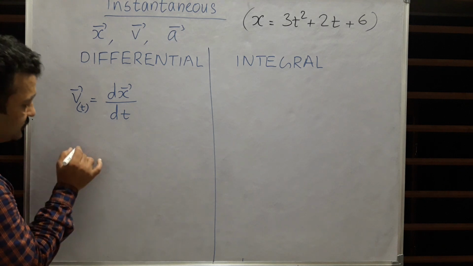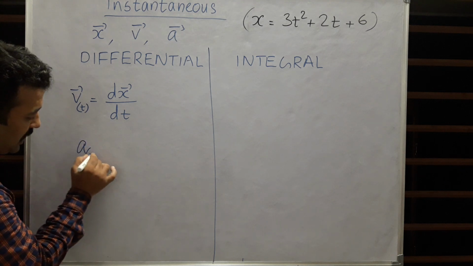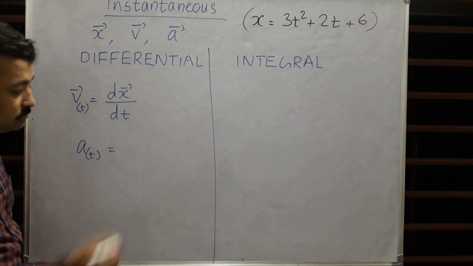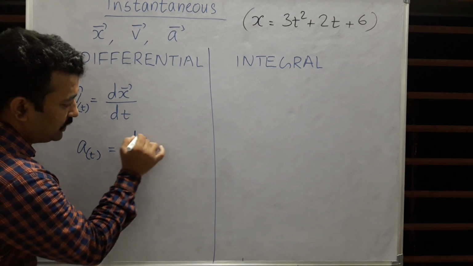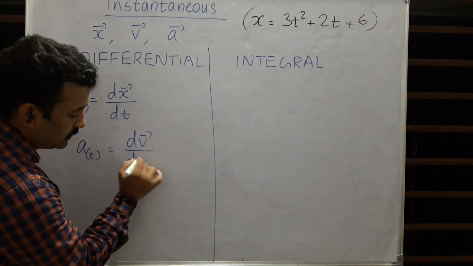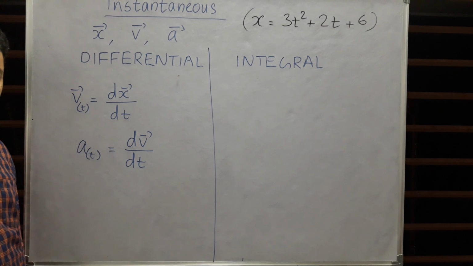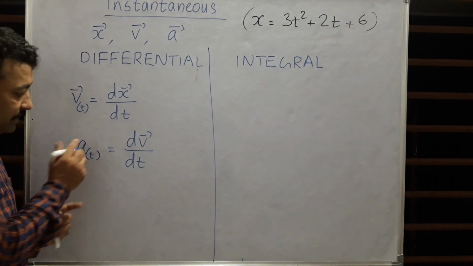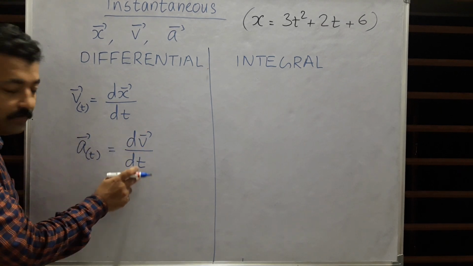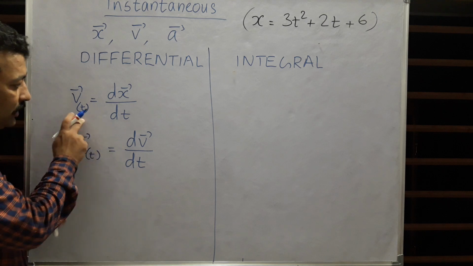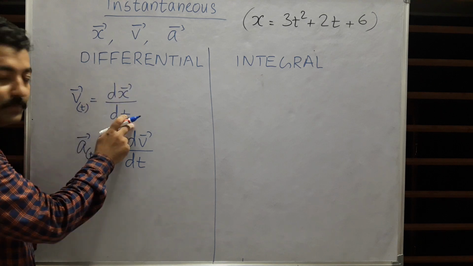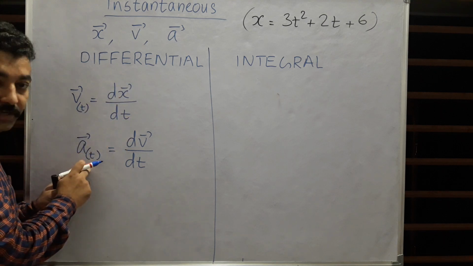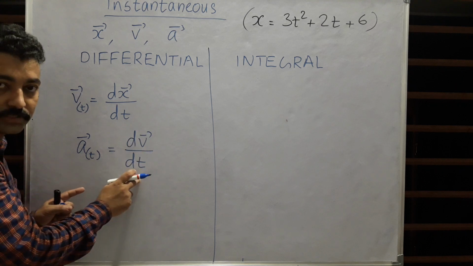And second is acceleration. a of t is equal to dv divided by dt. So what is that? Instantaneous acceleration is the first differential of velocity. So velocity is the first differential of position, and acceleration is the first differential of velocity.